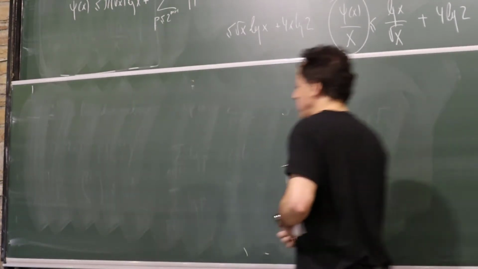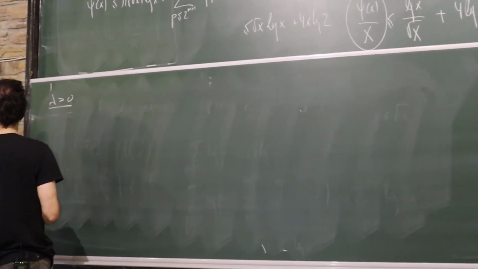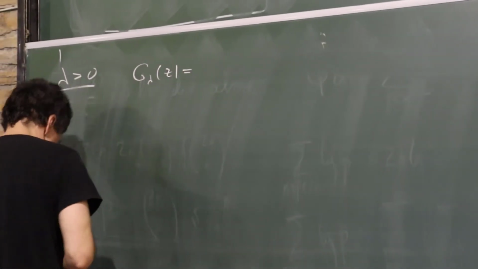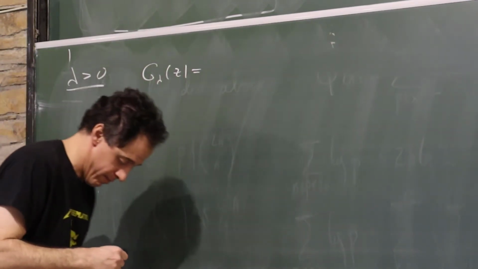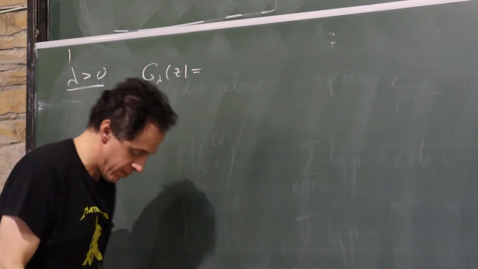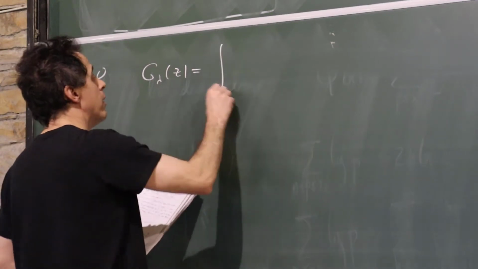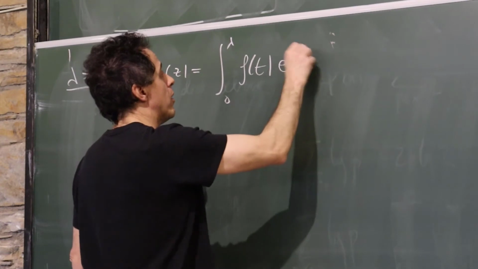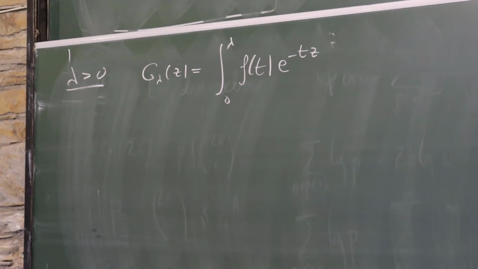Take some lambda positive, and let us consider the function g lambda z equal to the integral from 0 to lambda of f t. So it is in a bounded closed interval. So g lambda z is an entire function.